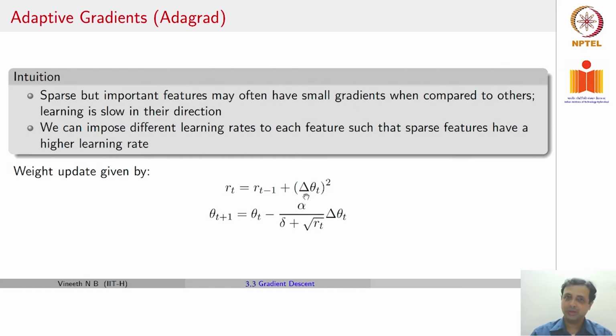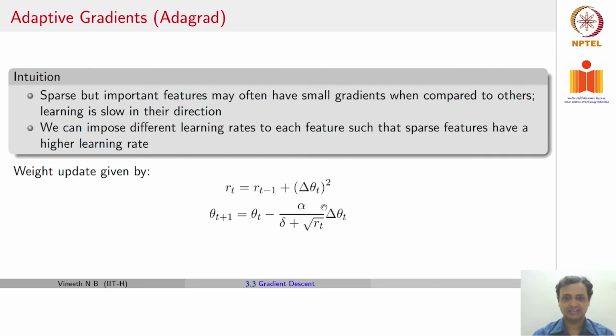So for each of those weights, you maintain a running sum of the gradient squares, and then your parameter update states theta t plus 1 is going to be theta t minus alpha, which is your learning rate, divided by delta plus root RT, times delta theta t. Delta theta t is your gradient in your current time step.